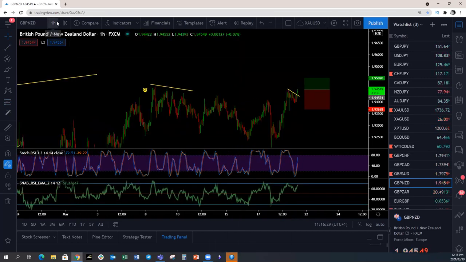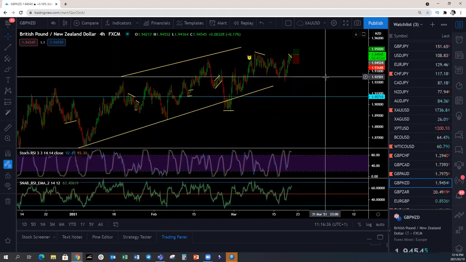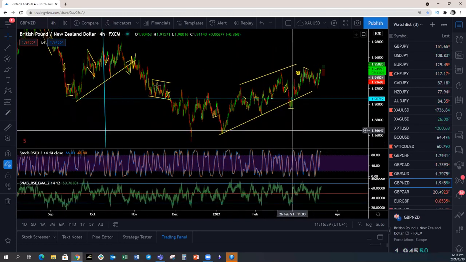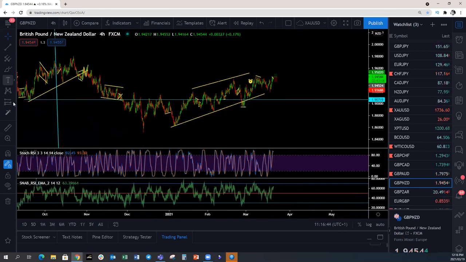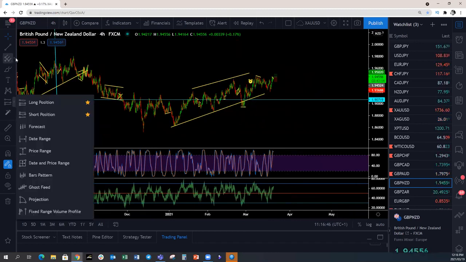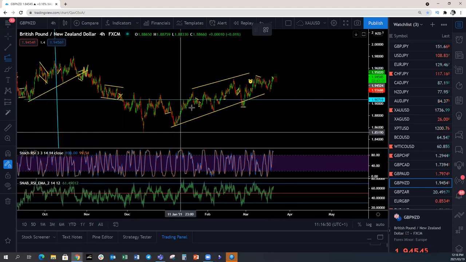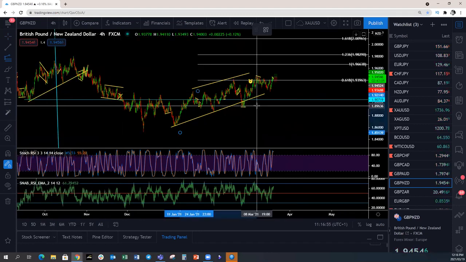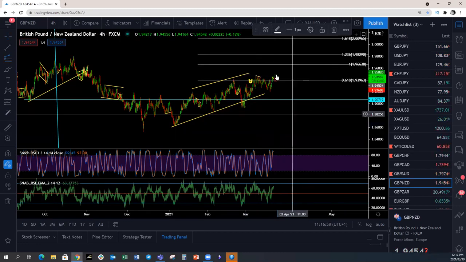Let's go back to the 4 hour to see how far this could go. The expectation has always been for this to go to equal legs. We're not necessarily going to go very far because this is the equal legs here.